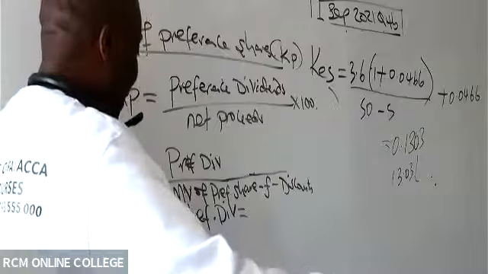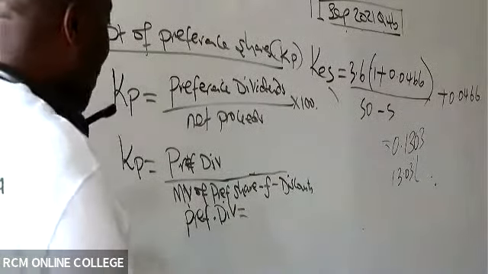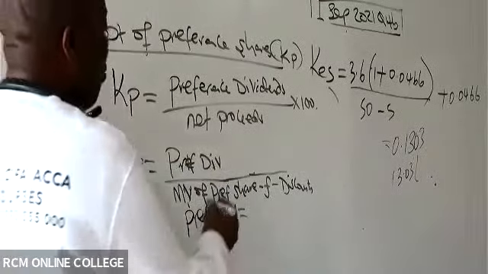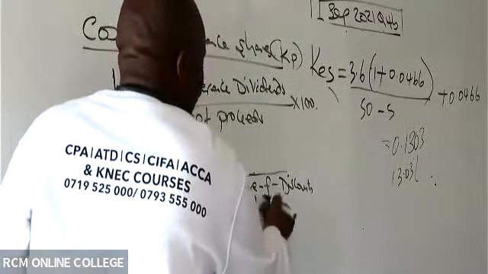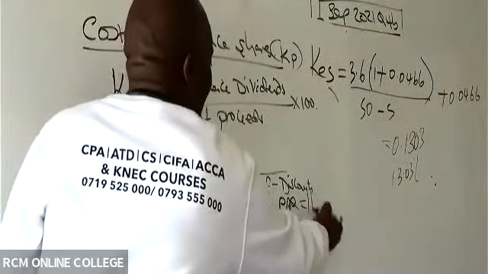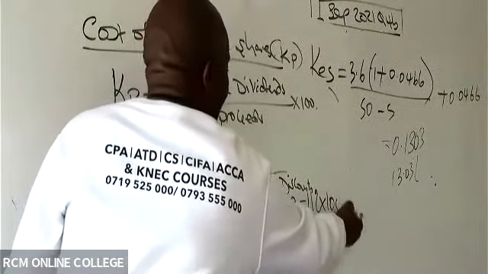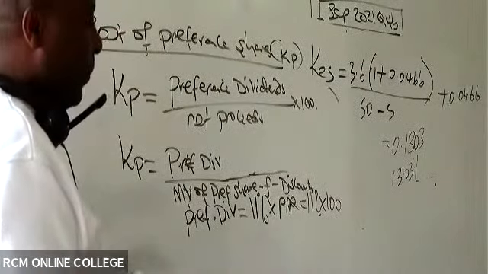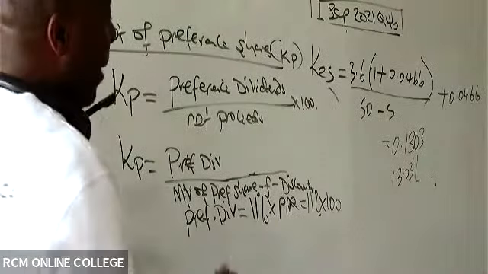I'll be looking at the camera quite a lot. So the preference dividend, they have given me a coupon rate, which is 11%, isn't it? Times the par. So it is 11%, and I can see the par is 100, times the par value.